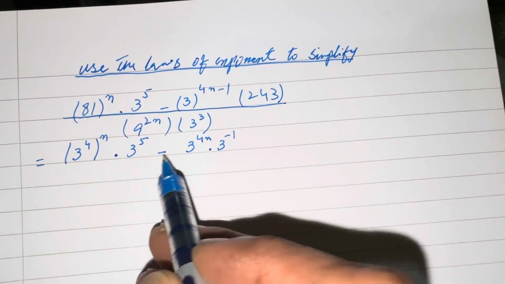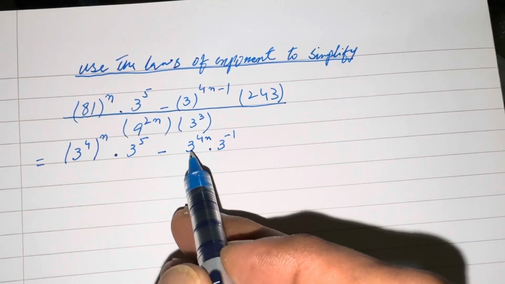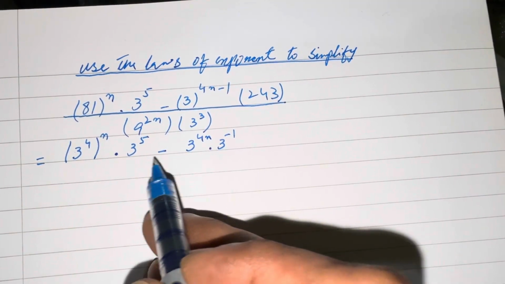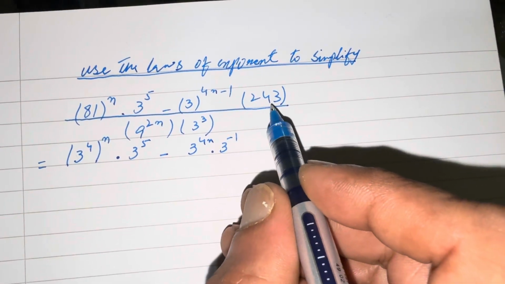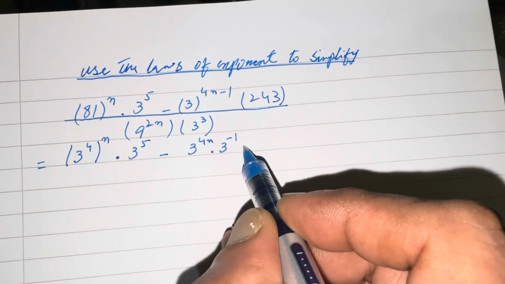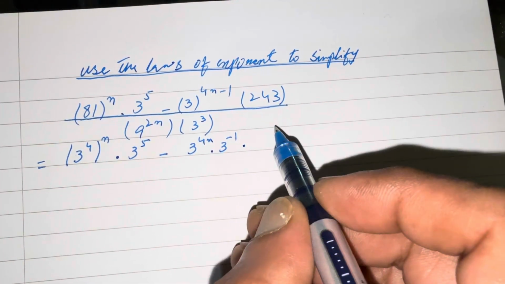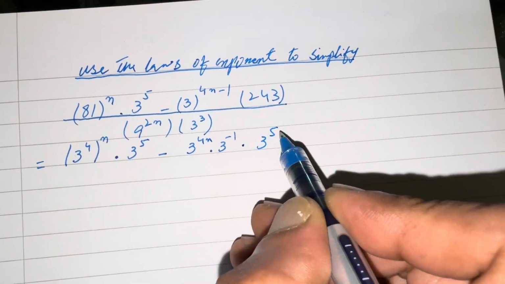According to the given situation, we have to write all these terms like this as I am writing. So 243 raised to power, 243 को हम लिख सकते हैं that 3 raised to power 5.